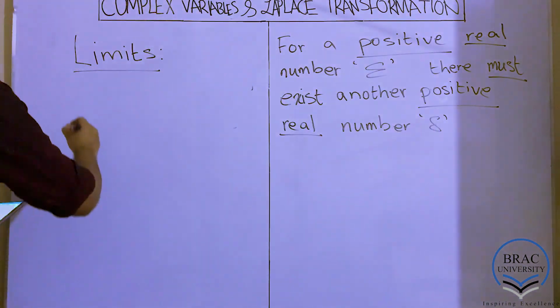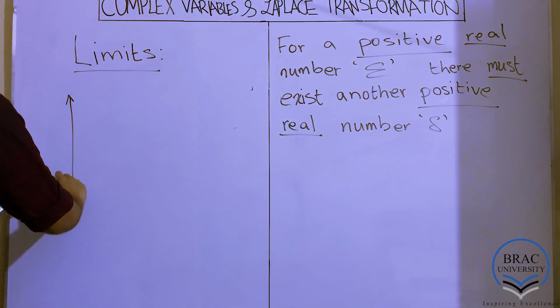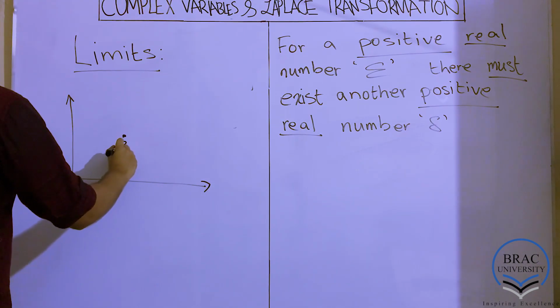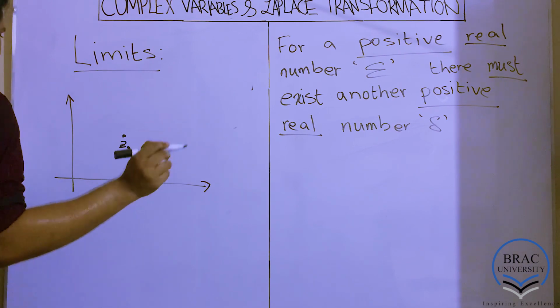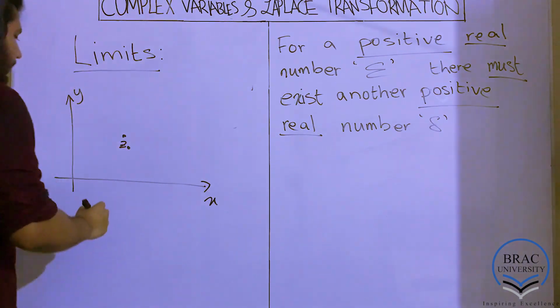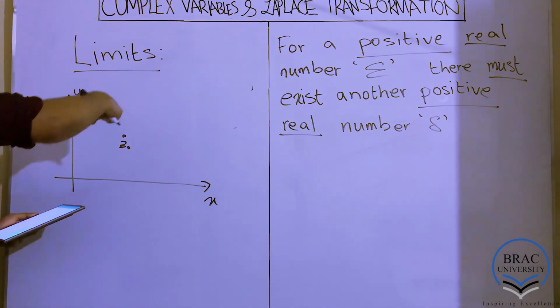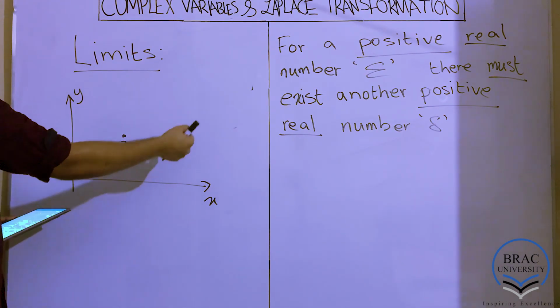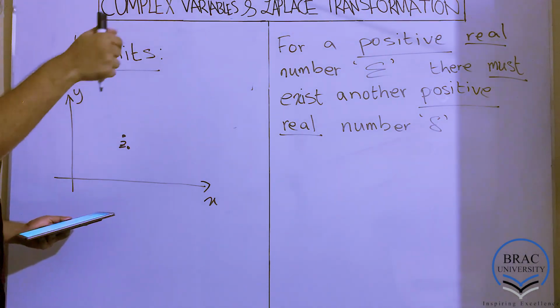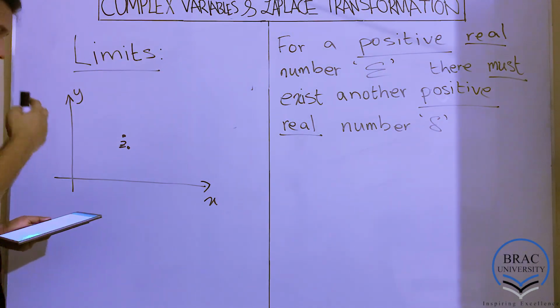Let's draw our complex plane again, which had our complex number Z0 at the center, with Y and X axes. As I said before, you can approach Z0 from a lot of different directions, not like going from the left hand and the right hand to a point.